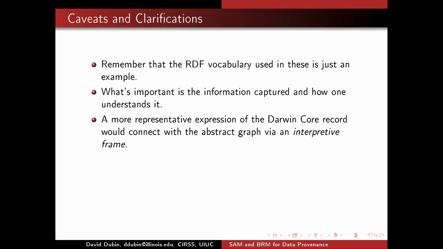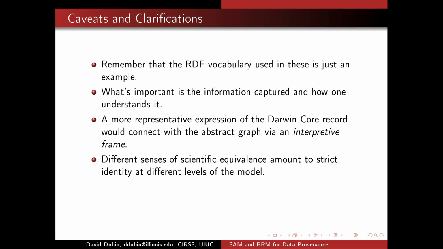That is to say, the relationship between bit sequences and ASCII characters, or ASCII characters and XML documents. These are contingent relationships, and we understand those mappings as being something that also has to be tracked, and we call those interpretive frames.